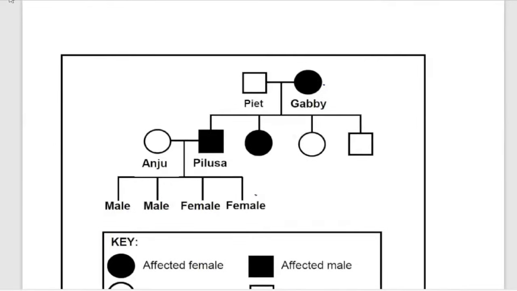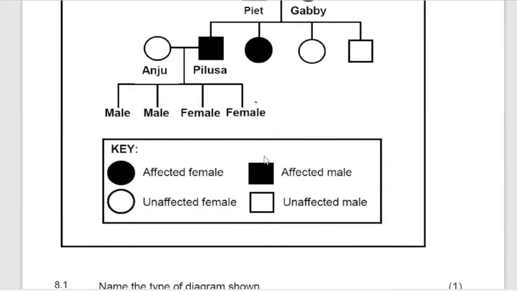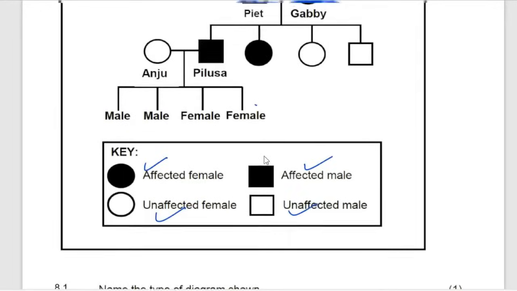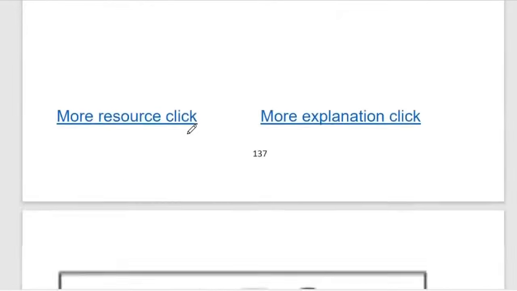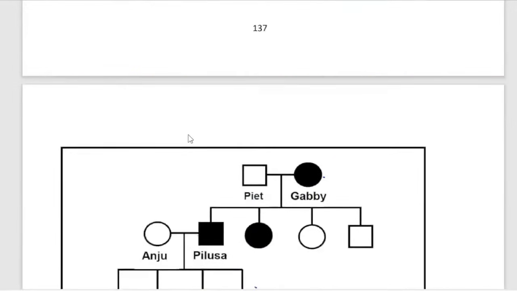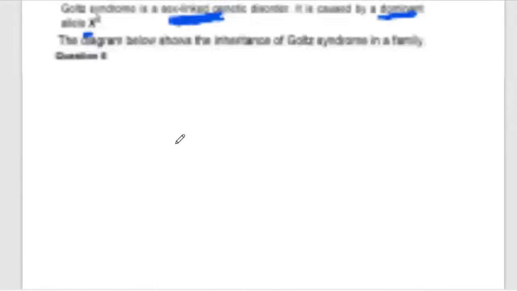All right, let's find out. Remember now they're saying that this is affected, and this is also affected. This is unaffected. But don't forget that this syndrome is caused by a dominant allele. Therefore, these people who are affected are going to have the dominant allele, capital G. X, capital G, X.